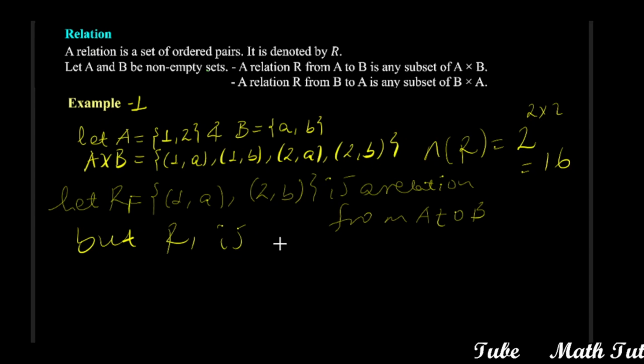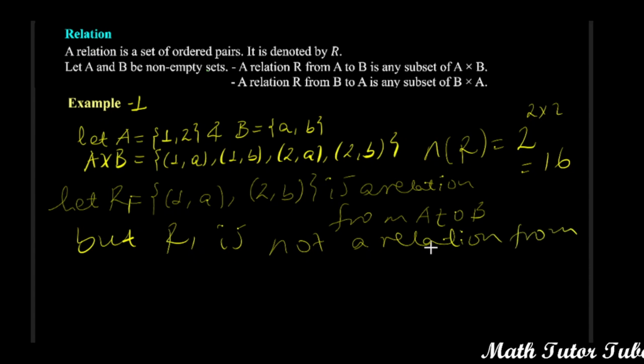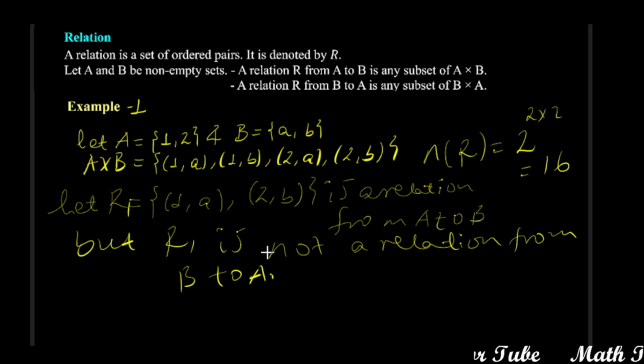But R1 is not a relation from B to A, because the first element is not an element of B, and the second element is not an element of A.